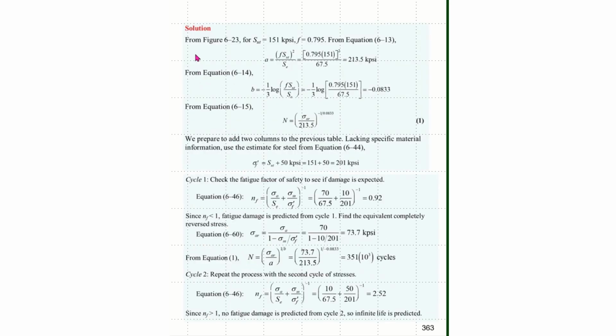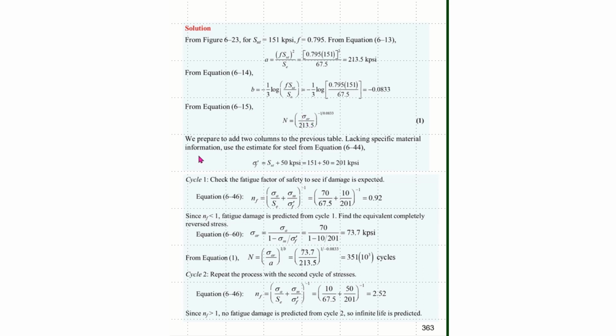So we compute a and b and the number of cycles. We have this given information, so we know the Sut. We can get f from equation 6-13 or from the plot and compute a, and we can compute b, and then we can come down here and get N once we have sigma rev or sigma AR.